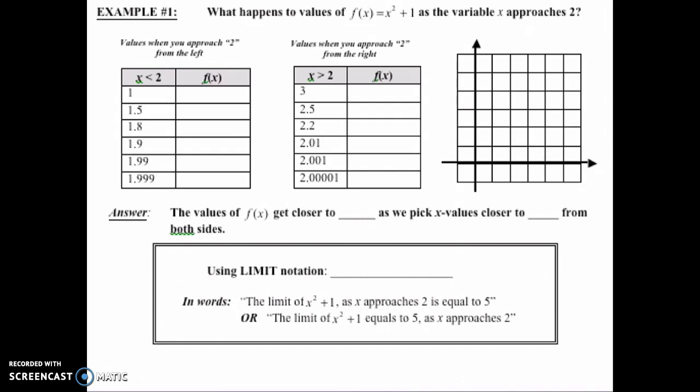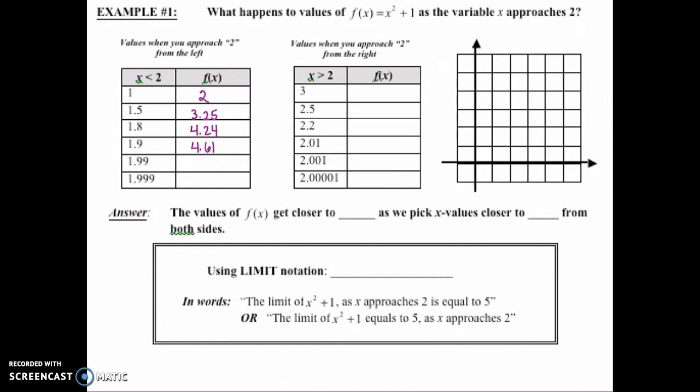So when x is 1, the value of this function is 2. When x is 1.5, the value of this function is 3.25. When x is 1.8, the value of this function is 4.24. When x is 1.9, the value of this function is 4.61.